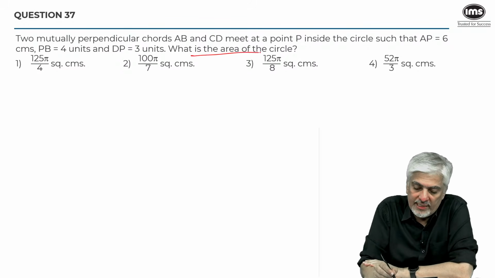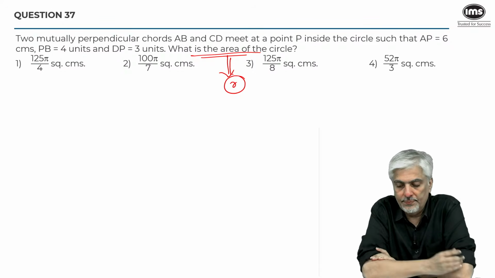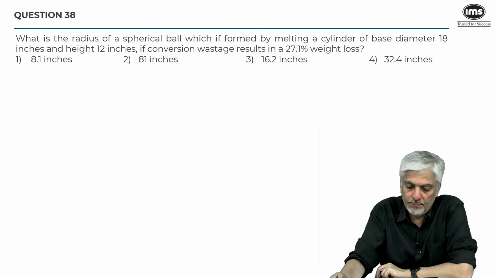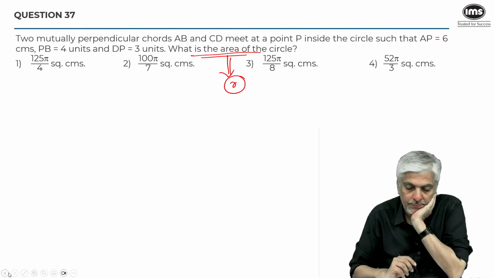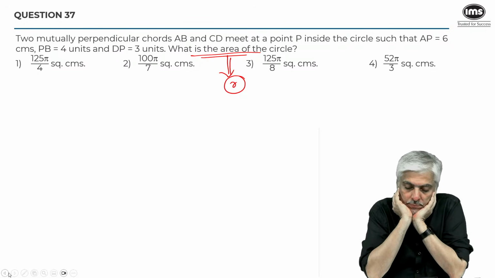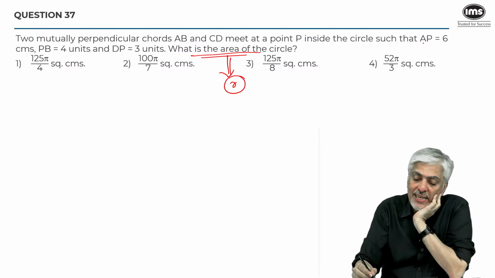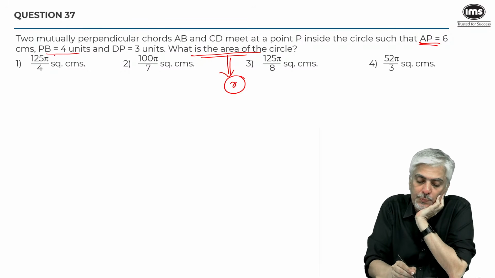Area of the circle is asked. So in short, I want the radius. Chord AB is 10, where AP is 6, PB is 4.